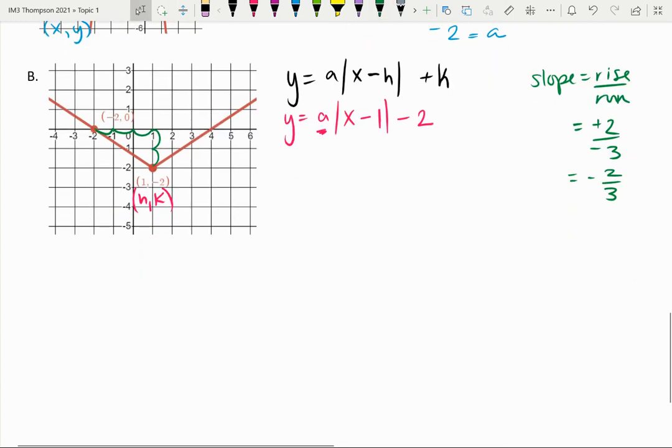If I don't have a picture, and I'm just given 2 points, then the same way as we did rate of change, I can find slope.